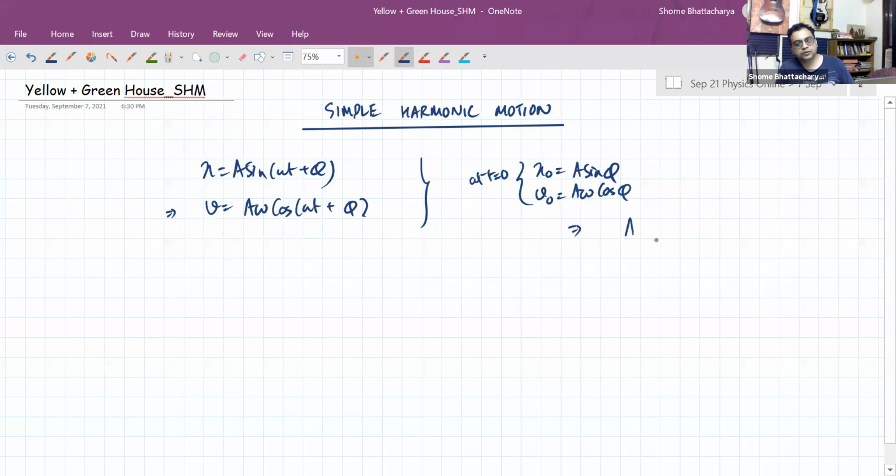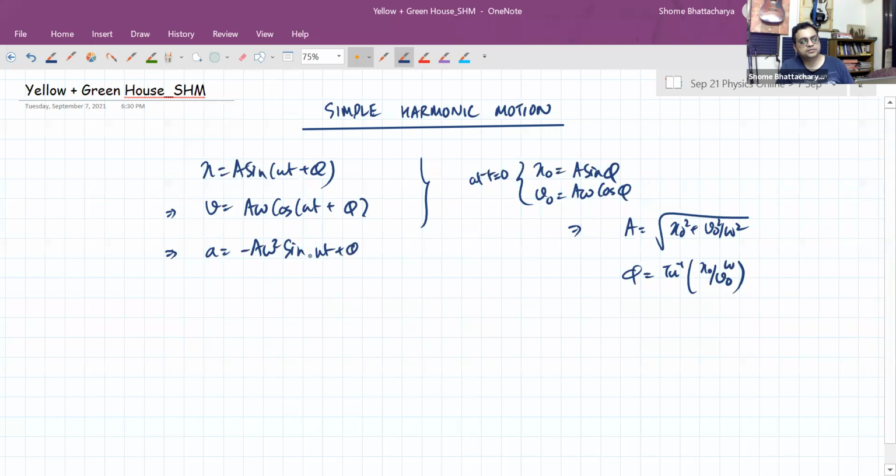Therefore, we get the amplitude and the phase constant as these quantities. But we'd also seen that the acceleration is minus a omega square sine(omega t plus phi).